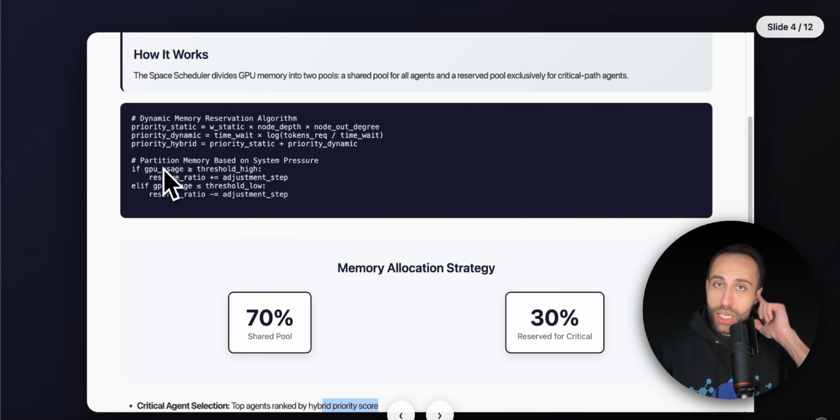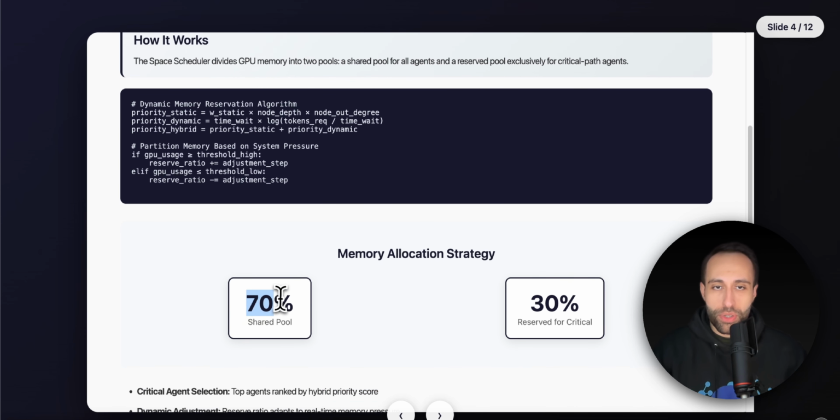Then at the same time, we don't just dedicate, let's say, 70% for the shared pool and 30% reserved for the critical agent. That might be the default, but as we go and use it, based on the system pressure and the pressure that we have on GPU memory, we recalculate this portion and percentage. For example, if GPU usage is more than the threshold that you specify, it will adjust the reserve ratio a little bit more to make sure those critical agents still have their own memory reserved even in high pressure scenarios.